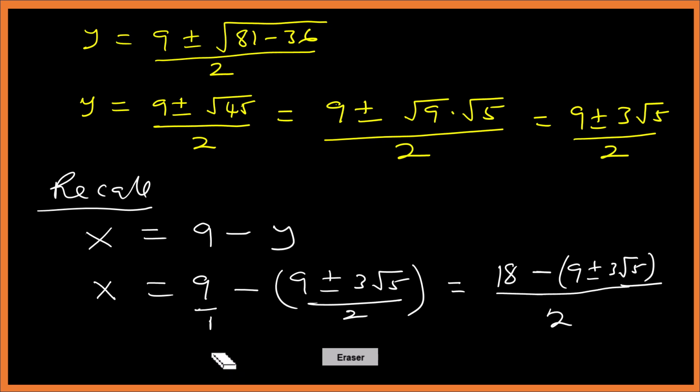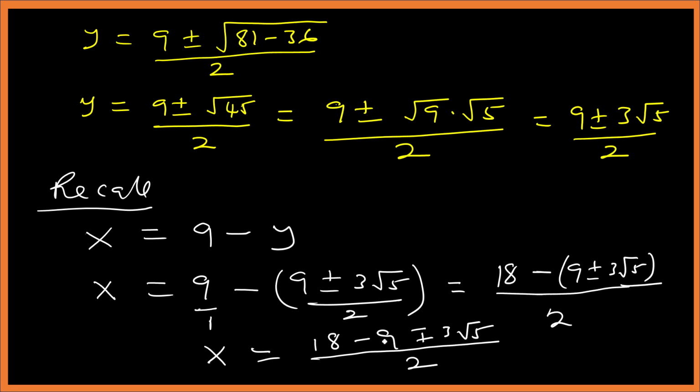So my X will be 18 minus 9, and minus plus 3 root 5 on 2.